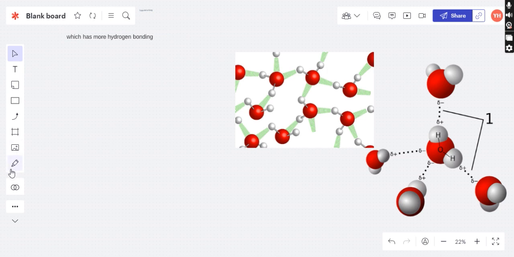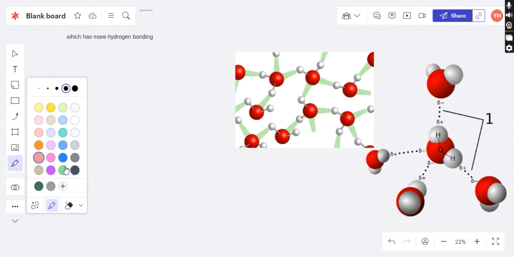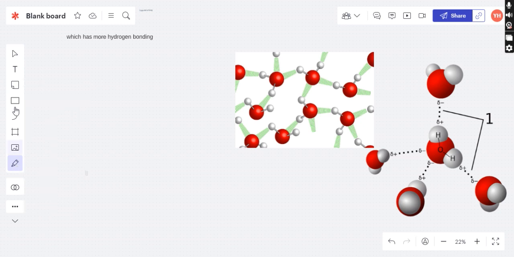So let me just make a molecule here, and I need a dark color for that. So let's make it with the purple color. First we have O. This is a covalent bond to H, and then the hydrogen bond, which is shown as dotted lines.